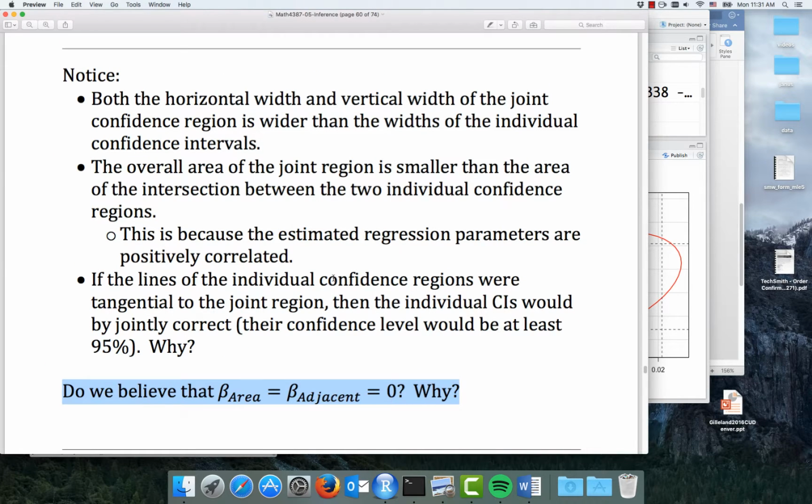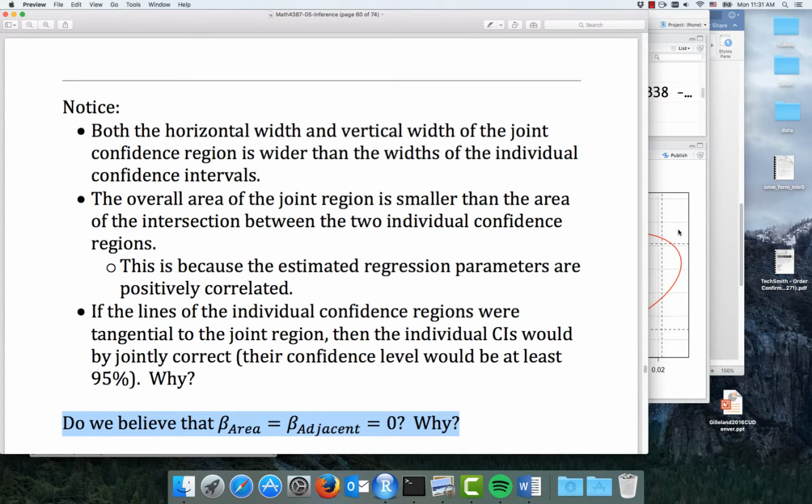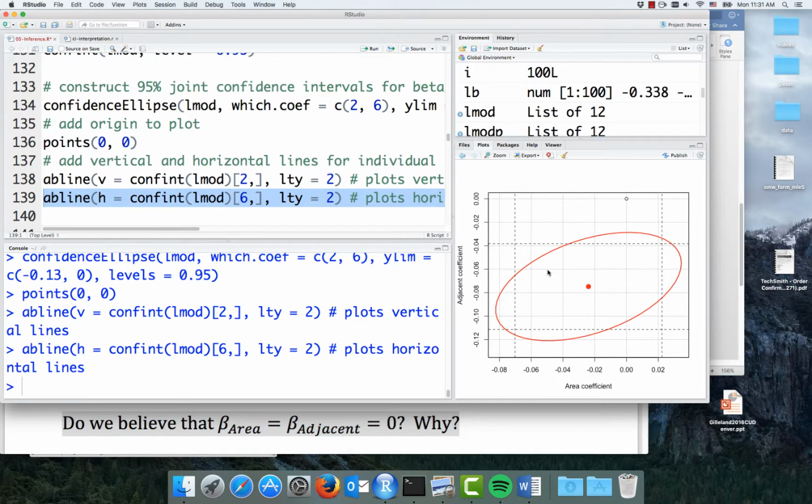So just a few other things I want to point out about this confidence ellipse. You notice that in terms of height and width, our joint confidence region is wider and taller than the individual confidence intervals for beta area and beta adjacent.